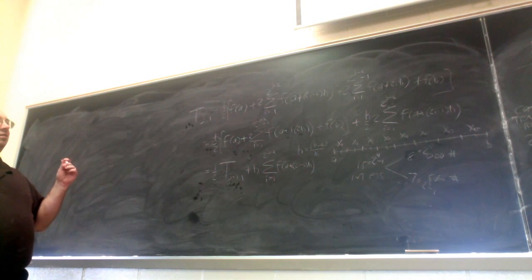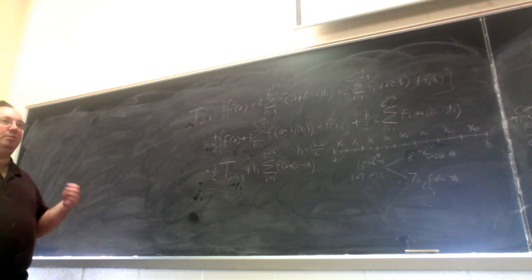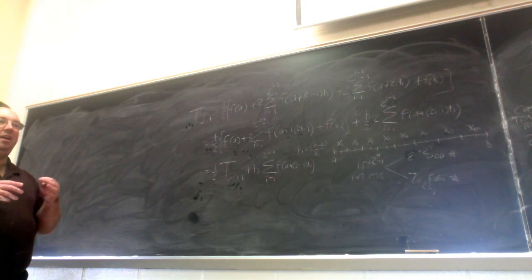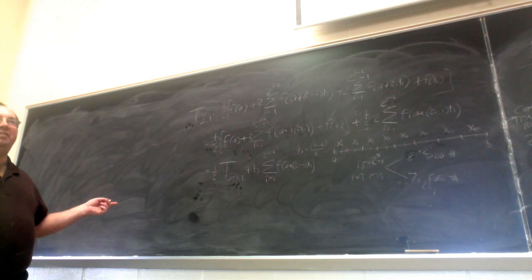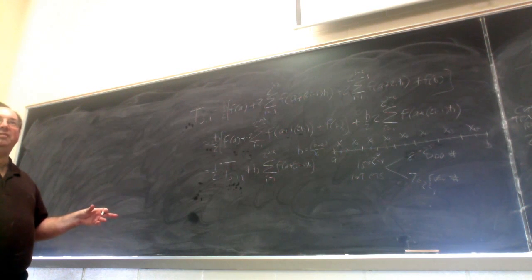This recognition of a savings is also how the fast Fourier transform got developed. Because the way a fast Fourier transform works is you're trying to compute a Fourier transform of a function evaluated at equally spaced points, and then you separate them into odd and even numbered, and you realize the even ones, you would also use in a transform of half the size, just with double the spacing.